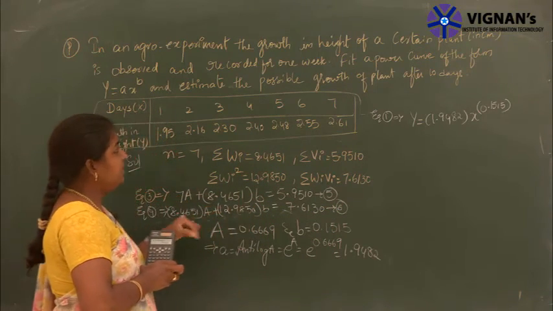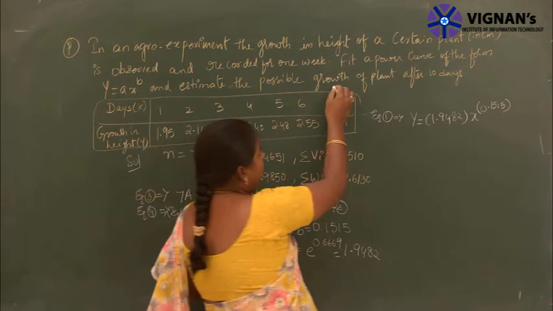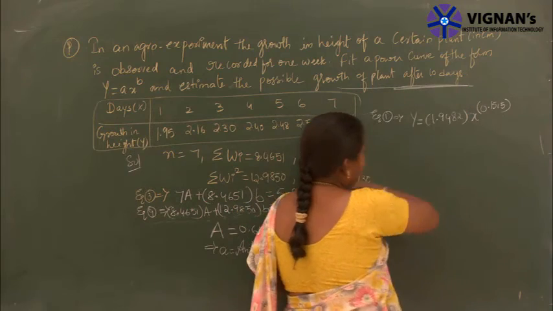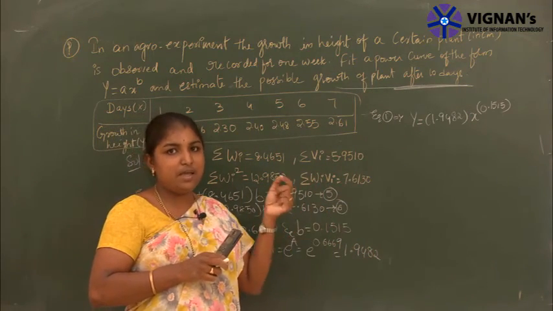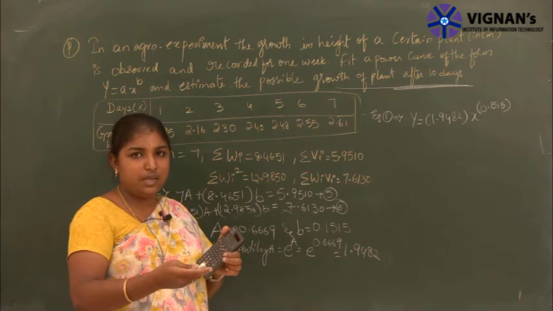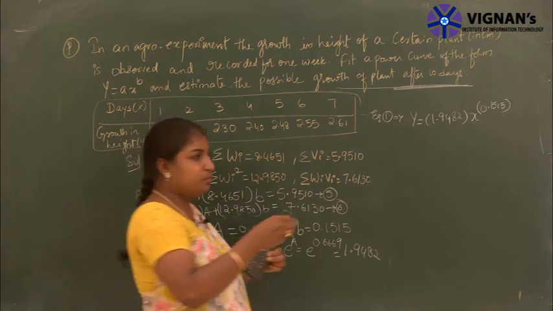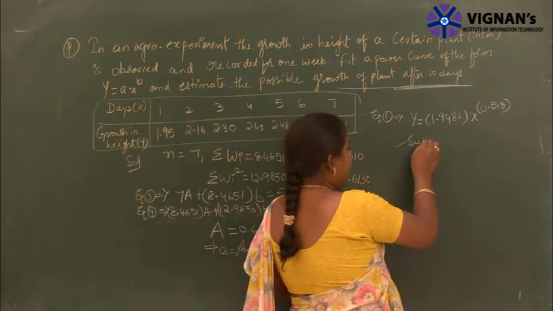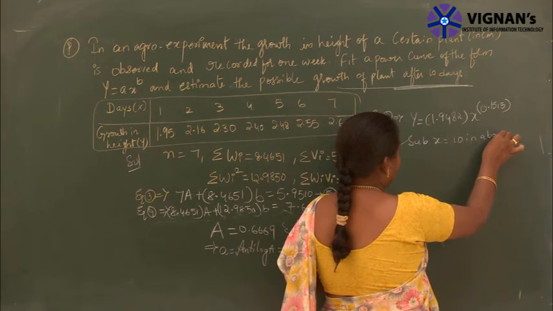But in our question they are asking to estimate the possible growth of a plant after 10 days. The number of days is represented by x, so here we substitute x equal to 10. After 10 days we get the growth of the plant. So substitute x equal to 10 in the above equation.